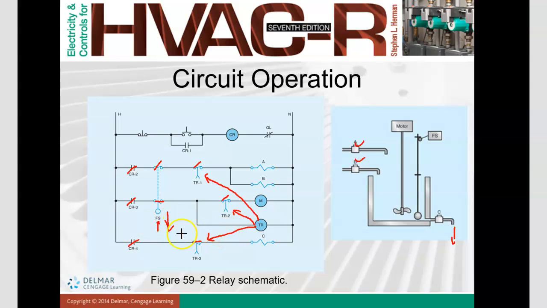Okay, what happened when the float sensor is going down? When the float sensor is going down, it releases back all the contacts. So what happens is going down means that line number 3, 1, 2, 3 will not have any current.